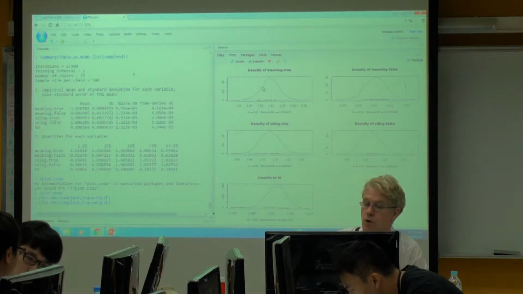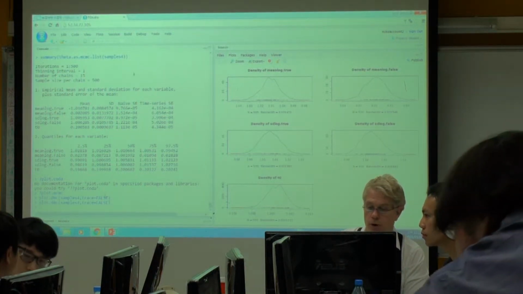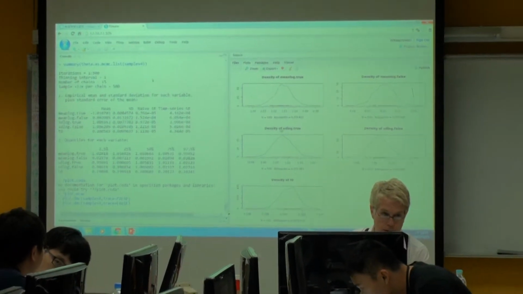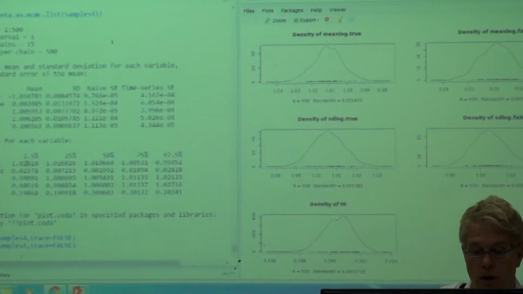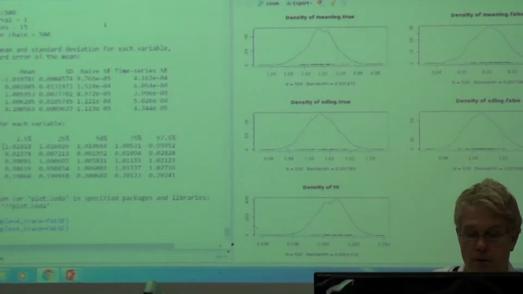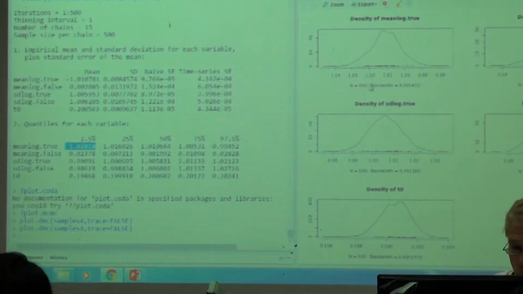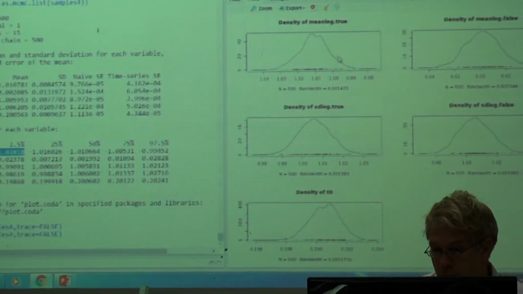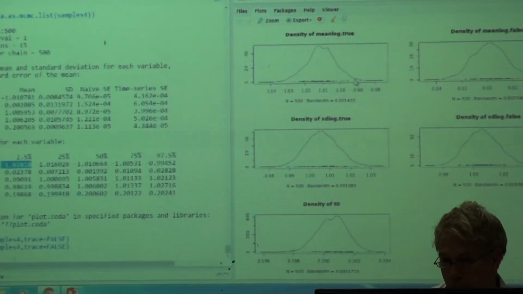So here I've drawn just the plot B and C, and I turned off the trace. So now we just get the histograms. When I say, for example, here for mean log true, its 95% credible interval is between minus 1.02 and 0.99, what I mean is that 95% of this histogram lies between about there and about there.